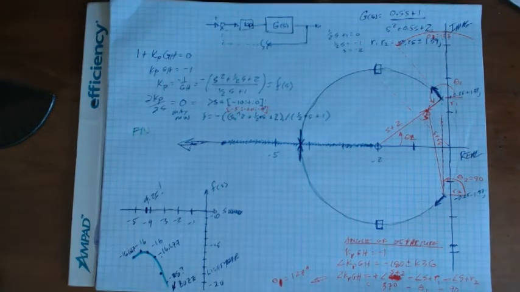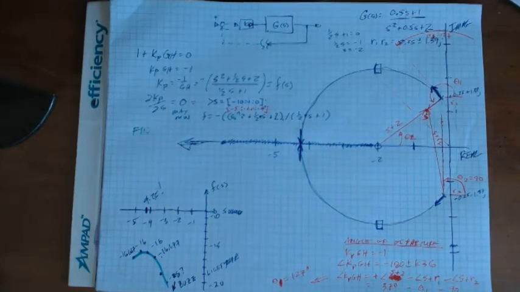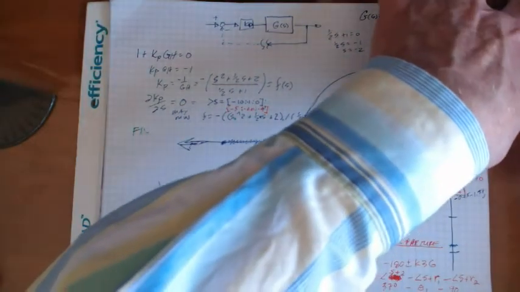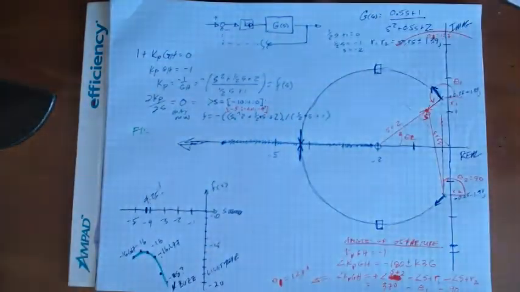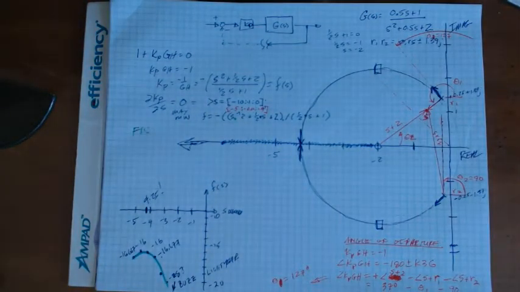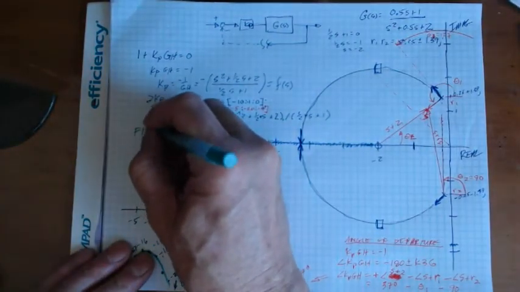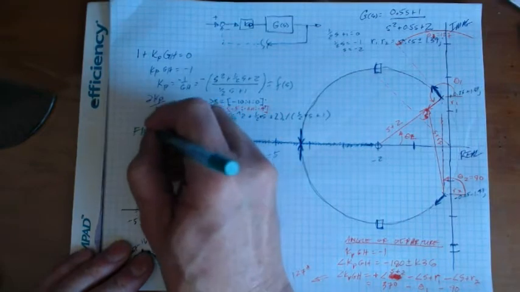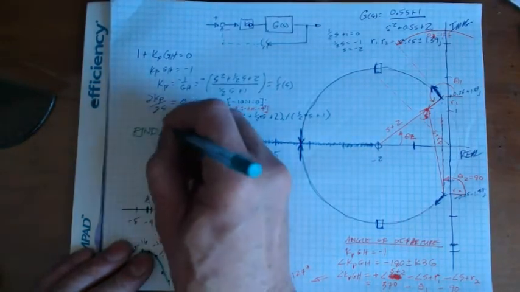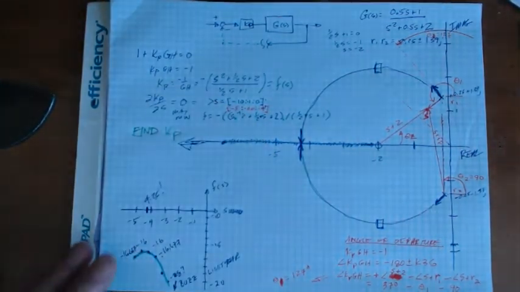Must not be the same green pen I was using earlier somehow. This one's not working very well either. Let's find Kp.